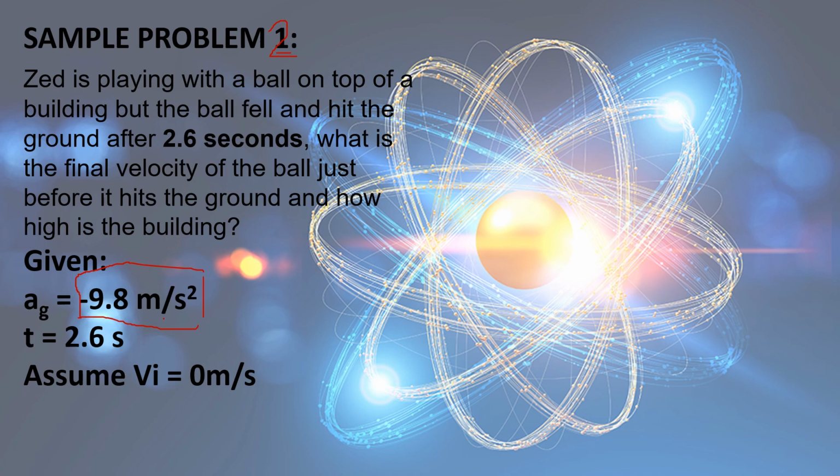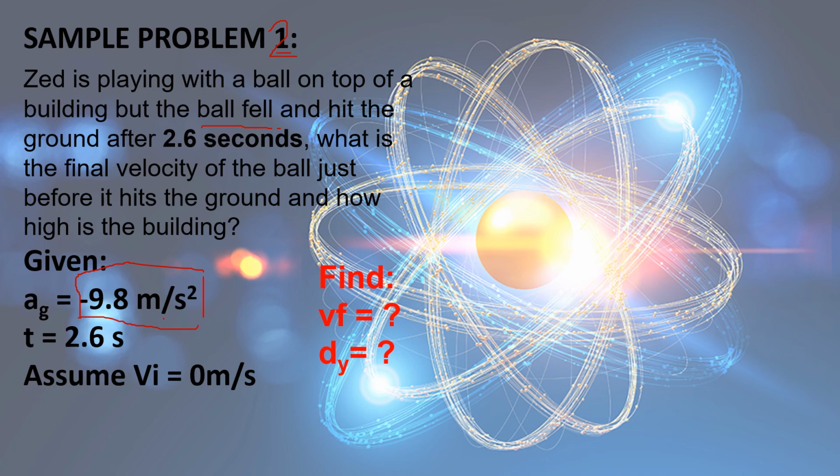Next of the givens is the time, which is 2.6 seconds. Since in our problem the ball fell, it was not thrown, let's assume that the initial velocity of the ball is 0.